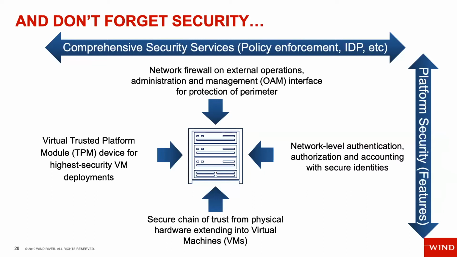And then on top of that, comprehensive security services that address policy enforcement, detection, intrusion detection, and other types of services. So really you have to look at security from a full perspective. And as I said, this could be a whole session on itself, but these are topics and capabilities that are being looked at in the context of the StarlingX project.